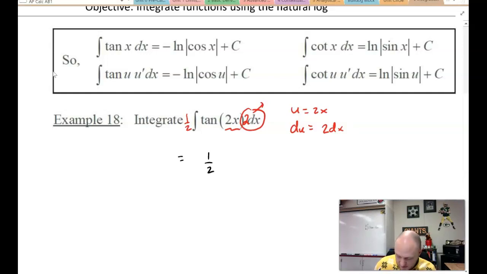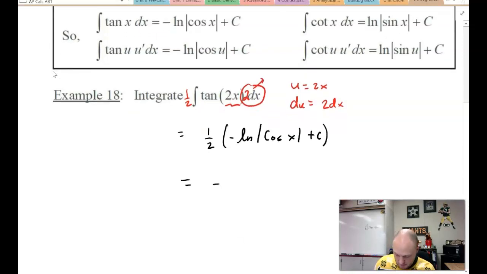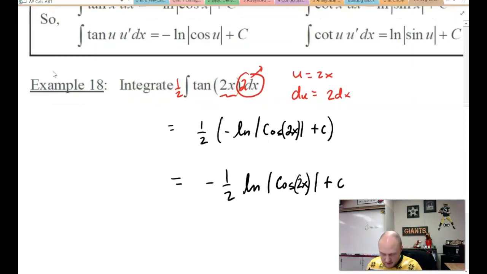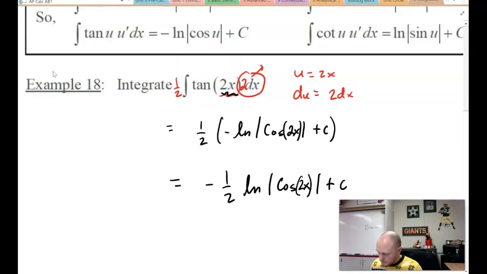Okay, the integral of tangent is negative natural log absolute value of cosine of x plus c. I honestly wouldn't expect you to memorize that one. Negative 1/2 natural log absolute value cosine of 2x. Because we have a 2 here, 2x.